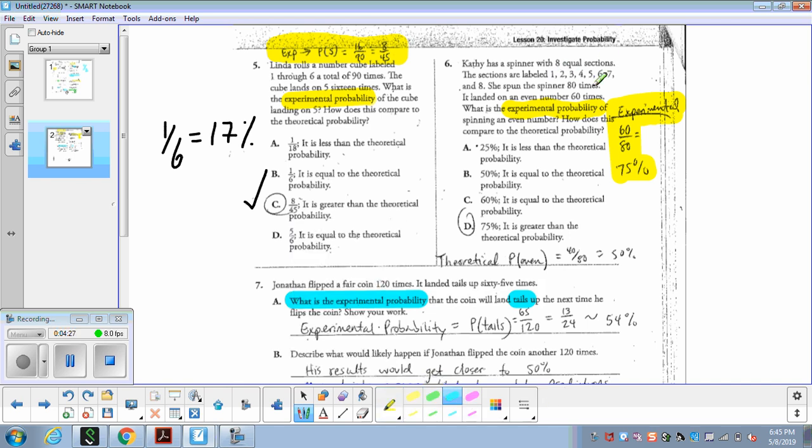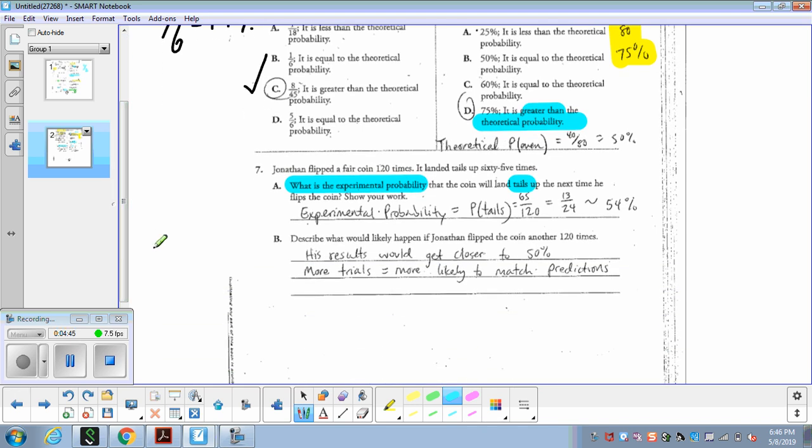And up here, I'm going to highlight the even numbers. There's 1, 2, 3, 4. Half of them would be even. So the results, the 75%, is greater than the theoretical 50% that I have written right here that we would have expected.